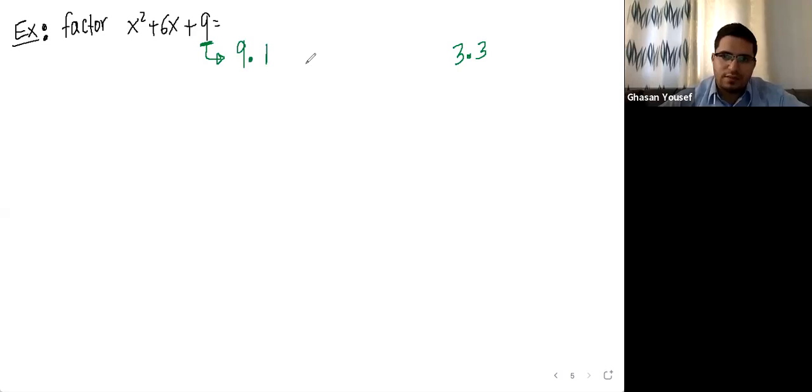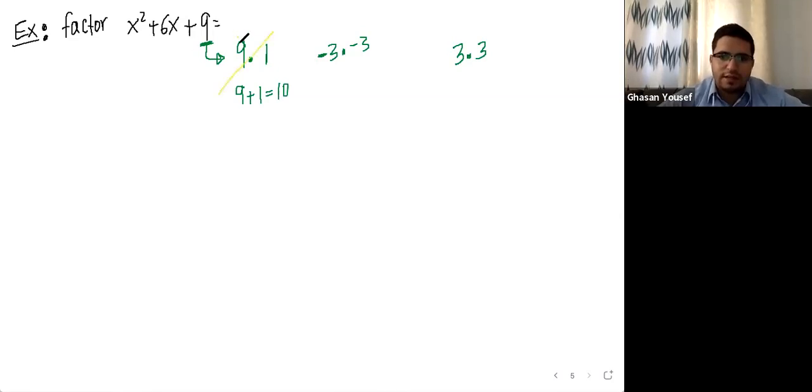9 times 1, 3 times 3, negative 3 times negative 3. Okay, let's work on this. 9 plus 1 gives 10. What's my b? 6. So this will not work.